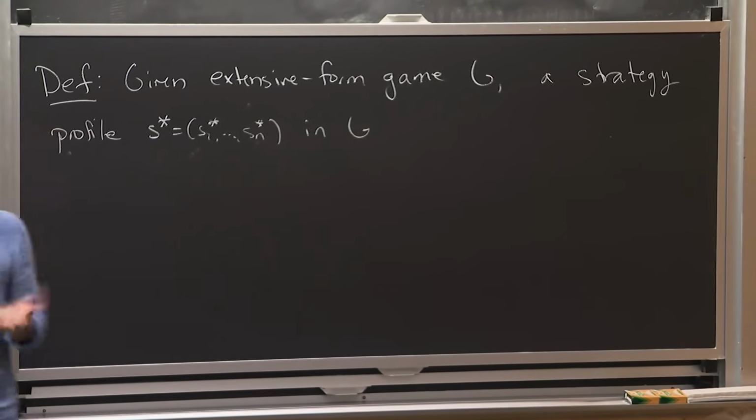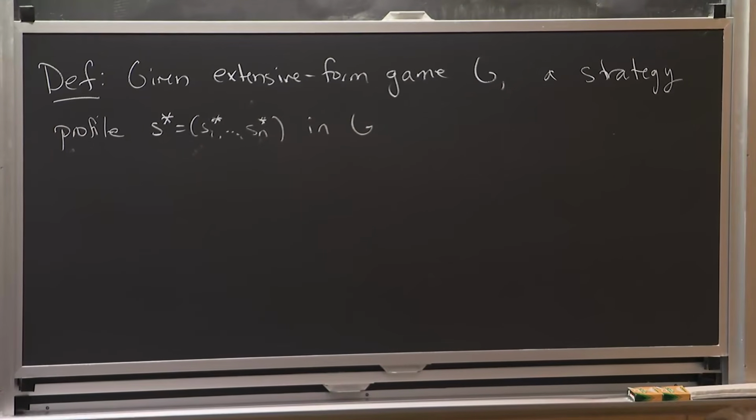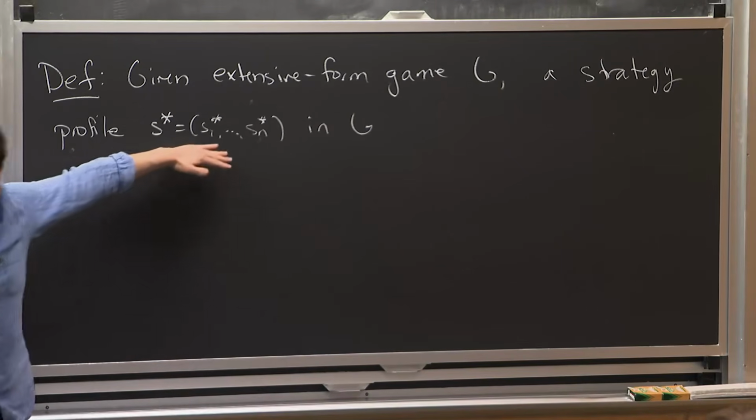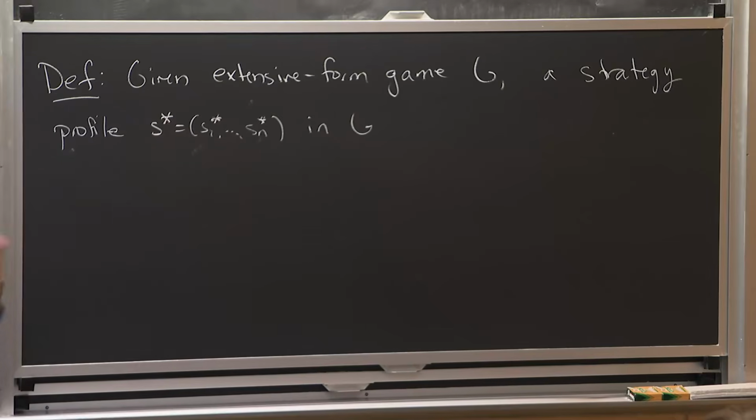And remember, in an extensive form game, what is a strategy? Do you remember what is a strategy in an extensive form game? Exactly. It's a function or a vector that says for every information set, what action or move do we take at that information set? So I'm not going to include that on the board here, but just keep in mind that's what a strategy is in an extensive form game.